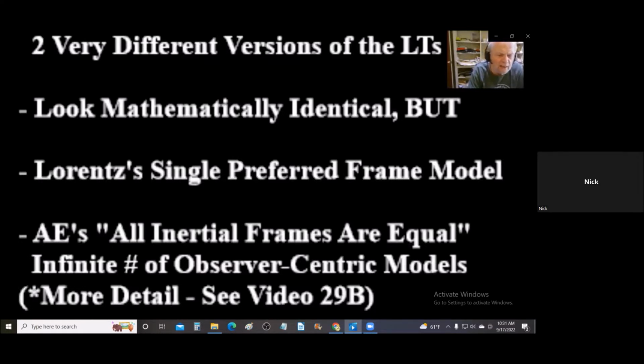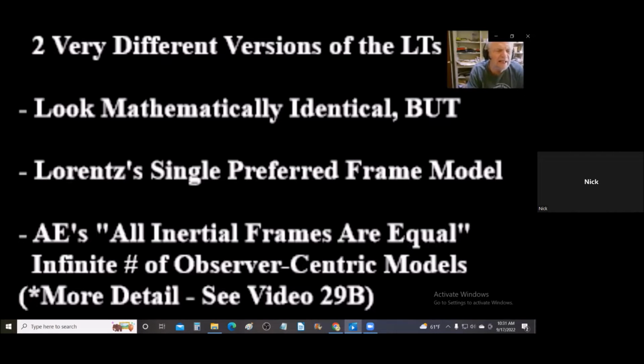Then Einstein came along, and basically he created a polar opposite of the Lorentz model. He said that all frames are equal.